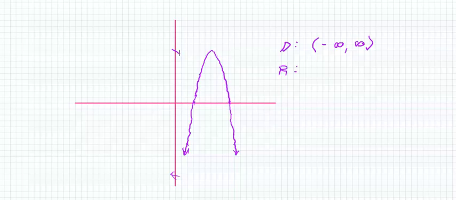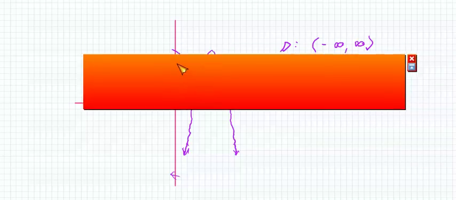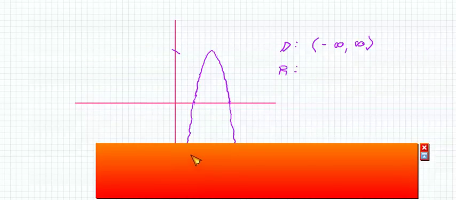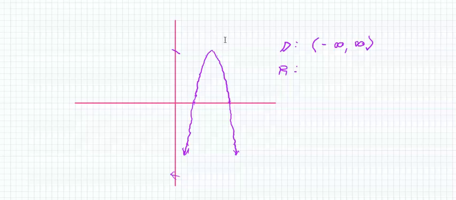And then everything below that line, my graph hits. My range goes from positive 9, my bad. Start with the smaller number, negative infinity to positive 9.